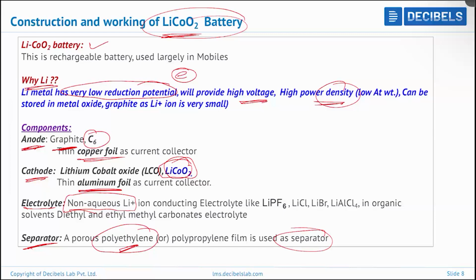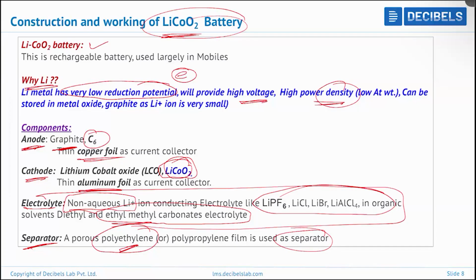Therefore, we use only non-aqueous electrolytes, like ethyl or methyl carbonate, organic solvents which are chemically stable with respect to lithium, containing lithium salts to increase their ionic conductivity. This is a liquid solution. The anode, cathode, and separator are all thin films, and the electrolyte is a liquid solution containing organic solvent and lithium salts. It is filled in, and then it is sealed.